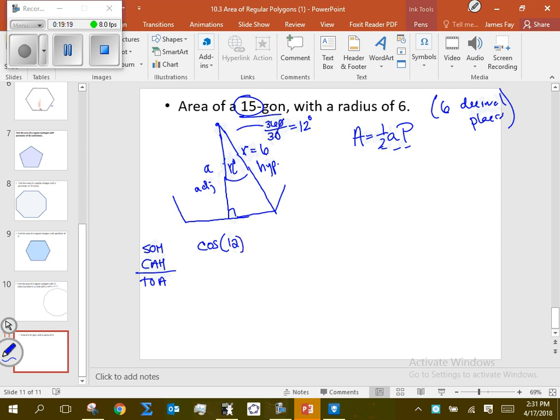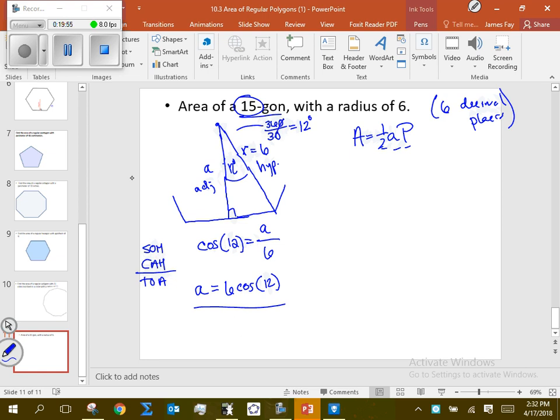Cosine of that angle is equal to the adjacent side divided by the hypotenuse. So the adjacent side divided by the hypotenuse. Okay. So now I'm going to multiply both sides by 6. And my apothem becomes 6 cosine of 12. Okay. That's my apothem.